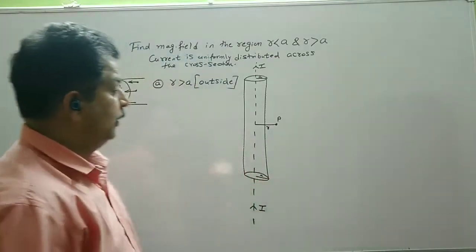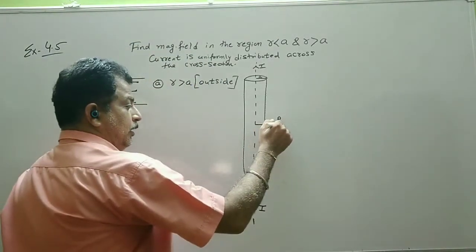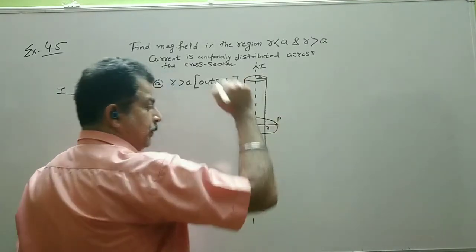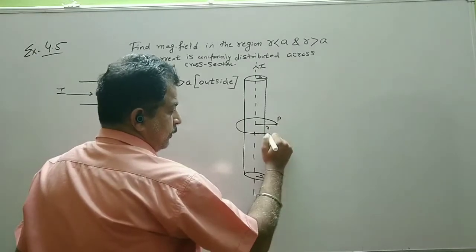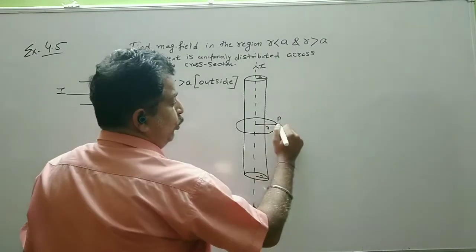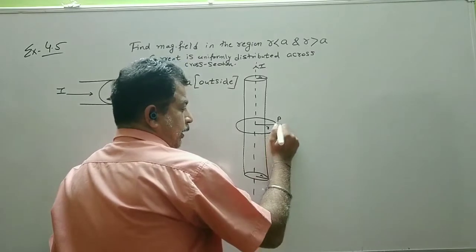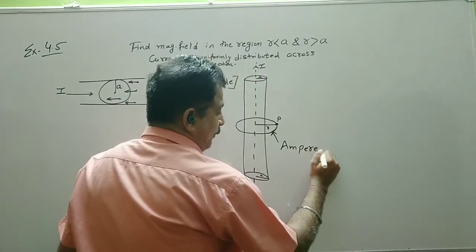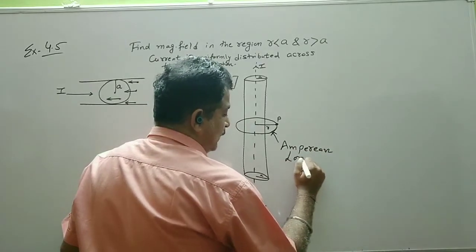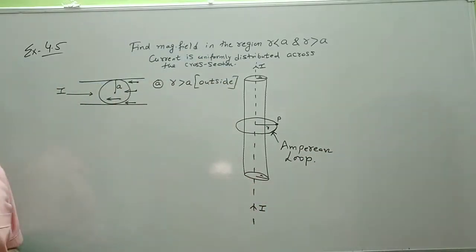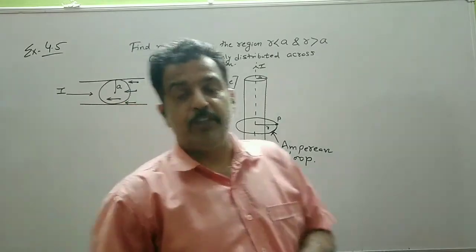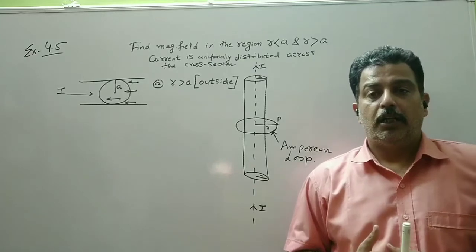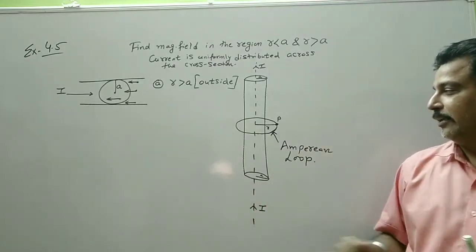So the first step will be, let us take an Amperian loop. So this is an Amperian loop. And the Amperian loop is chosen in such a way that the magnetic field is tangential to this loop. So it will become easier for us if we choose an Amperian loop such that it is tangential to the line element.